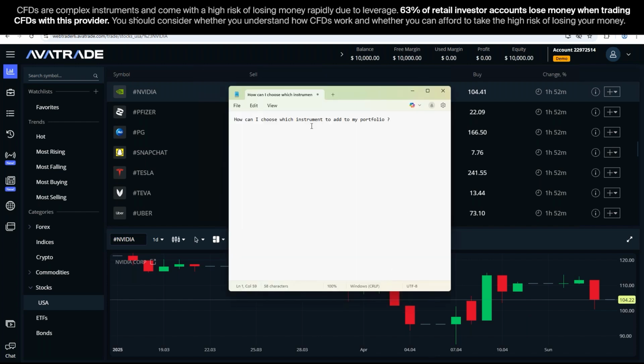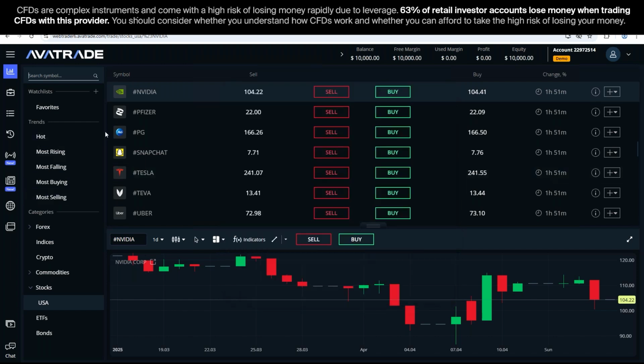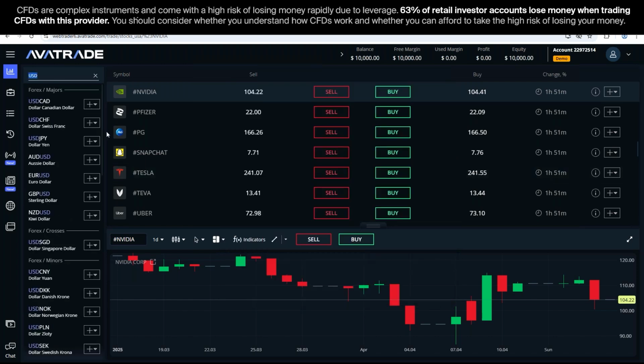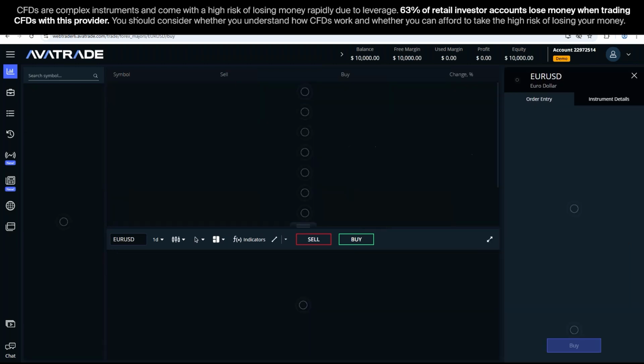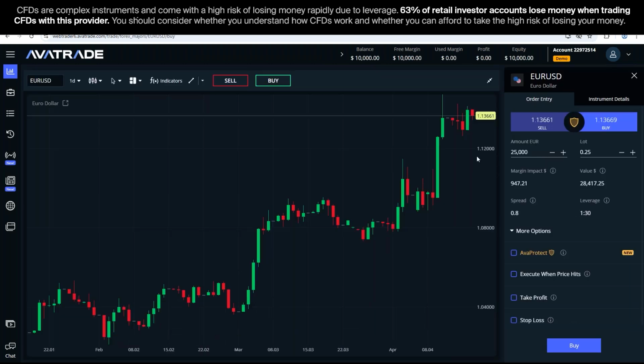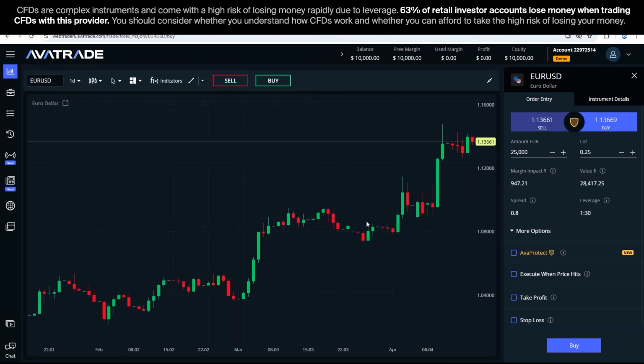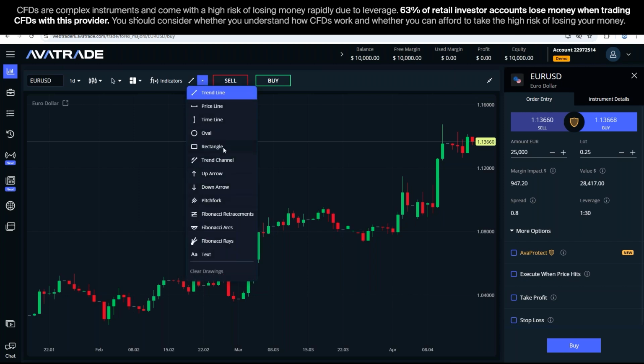Regardless. Another nice way to choose which instrument to add to your portfolio is the way that you can analyze the chart. For instance, if at the moment I'm looking at currencies like USD CAD or Euro dollar, and this chart seems bullish, but I'm not really following what's happened here, even though it's obvious.